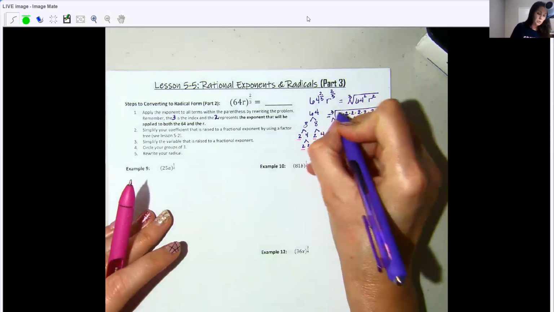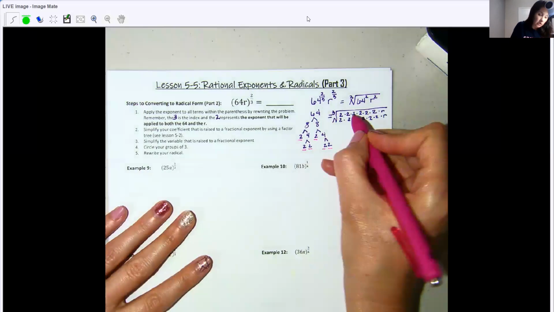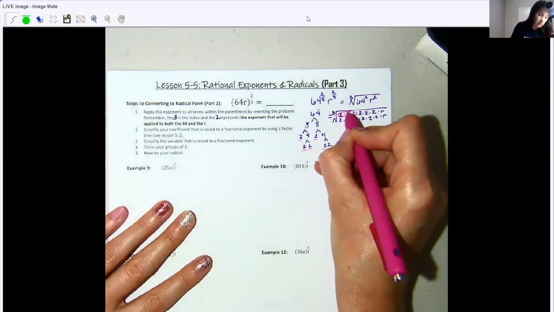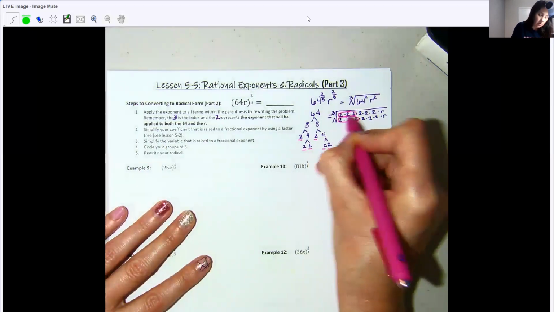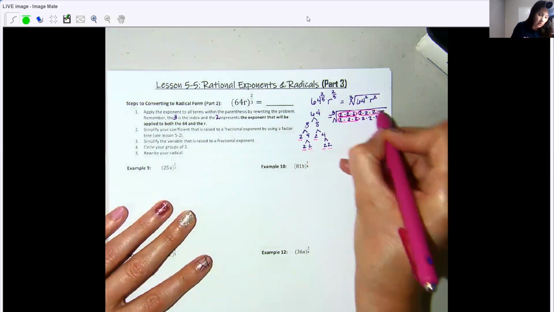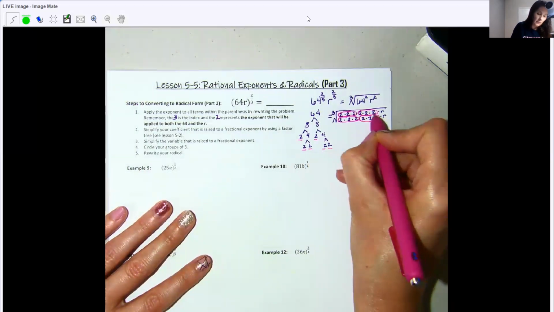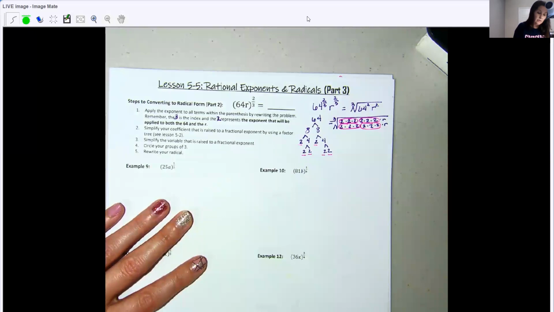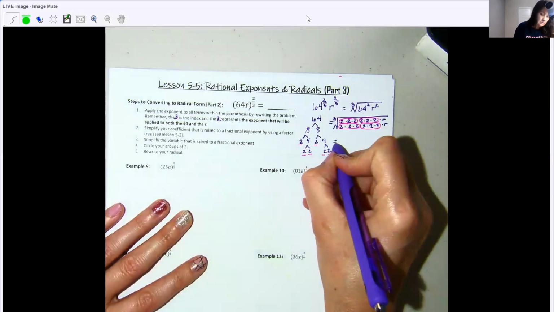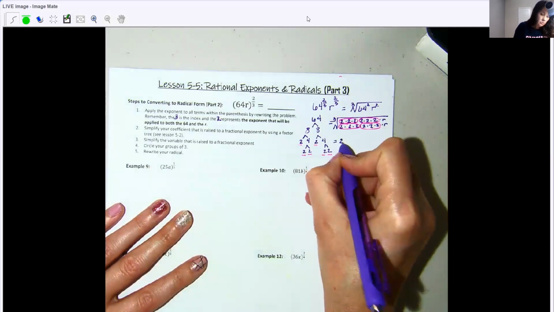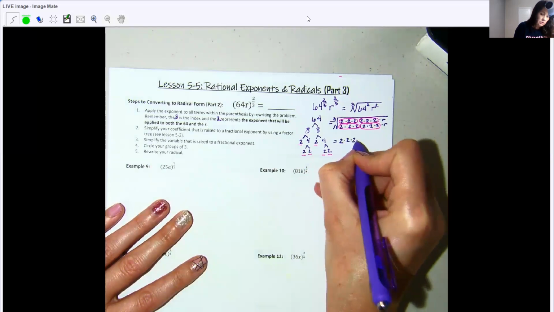Now, if you remember from our previous lesson, and this is with an index of 3, we now need to circle groups of 3. So I have 1, 2, 3, 4. Okay, so then I would rewrite that as 2 times 2 times 2 times 2.